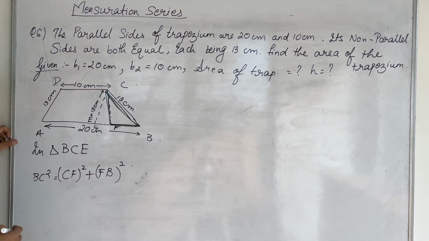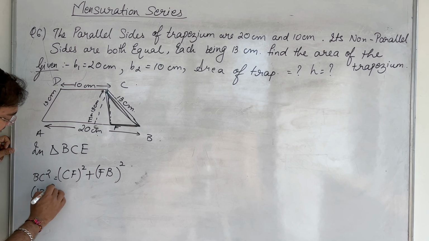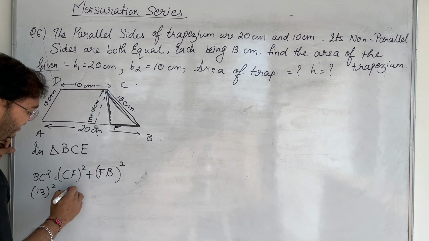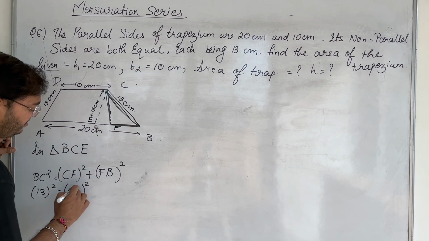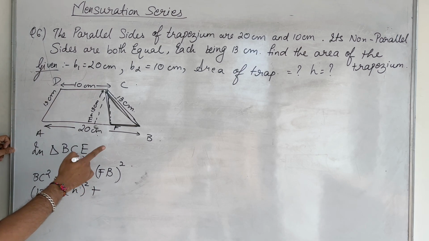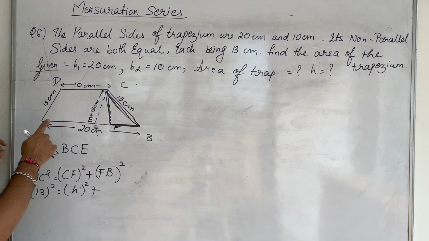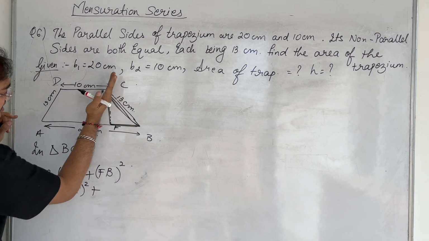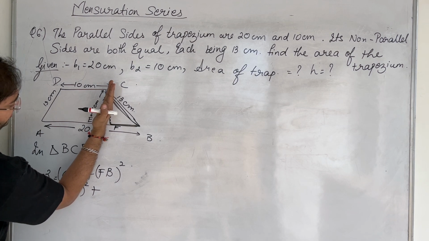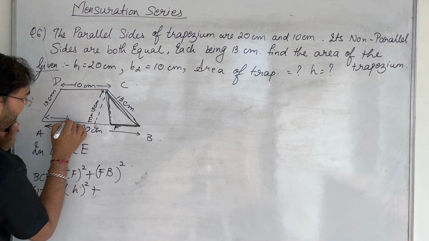This question is really very important. BC is known to us, that is 13 square. CF we have to find, so let us keep it as CF only, which you can take as the height, plus FB square. Now what's FB? How can we find it? If this whole is 20, and I draw the parallel side to form a parallelogram over here, then this much is going to be my 10.